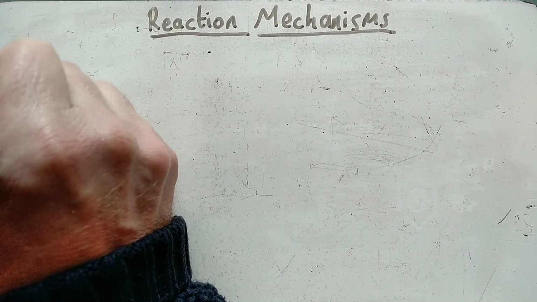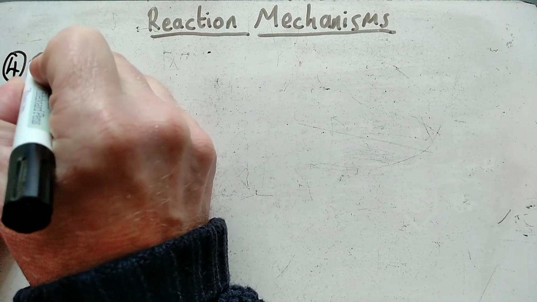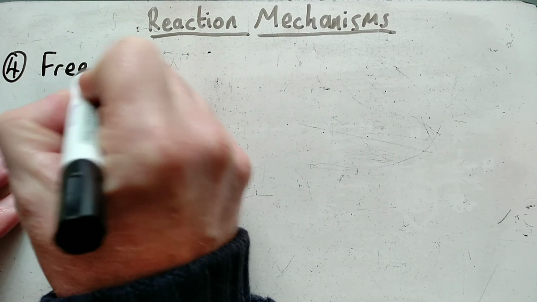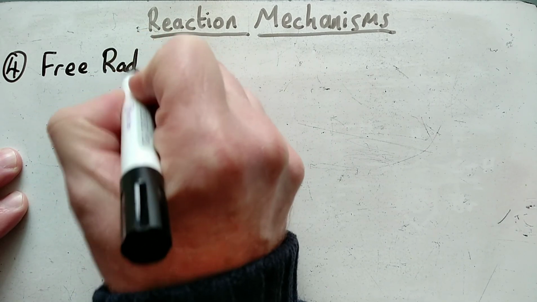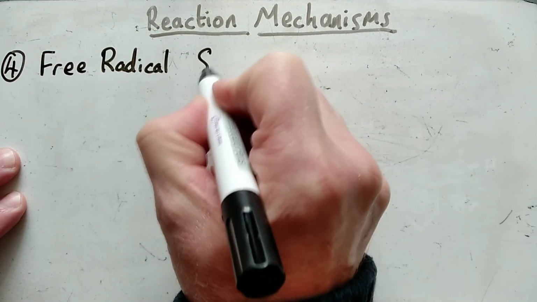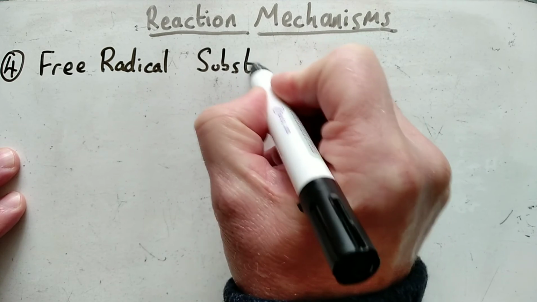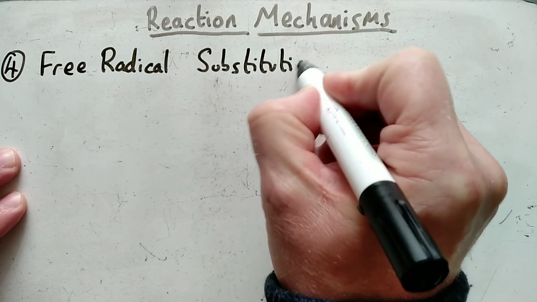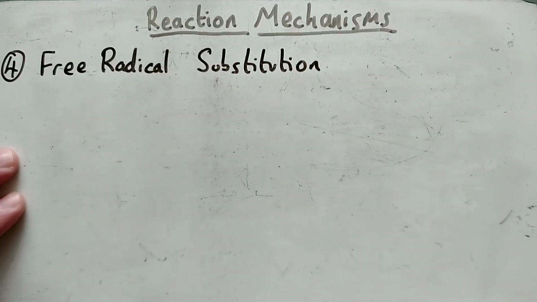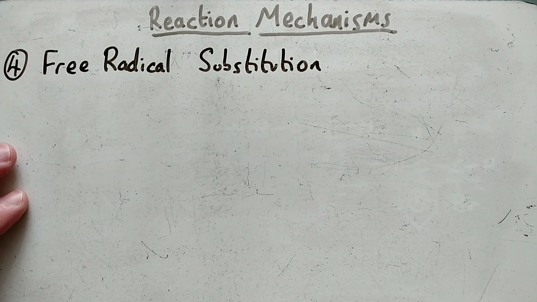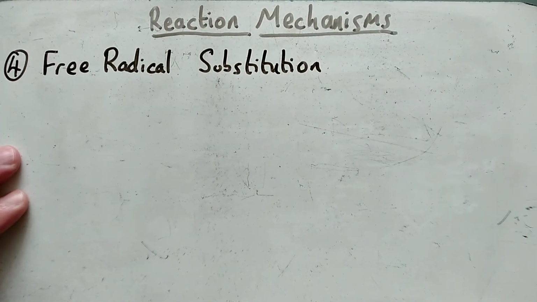The final one in our mechanisms, and I'll cover this for the sake of completeness, number 4, will be our free radical substitution. Our free radical substitution starts off with making a very reactive species.